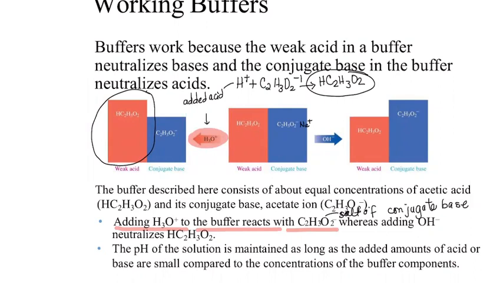I'll repeat it. So we're starting here, my buffer system. I added acid to the buffer system. That means that we are putting H plus into my buffer. Out of the 2 molecules in my buffer, the conjugate base is the one that reacts with that acid and it makes more weak acid.